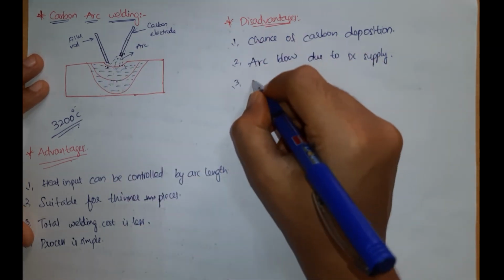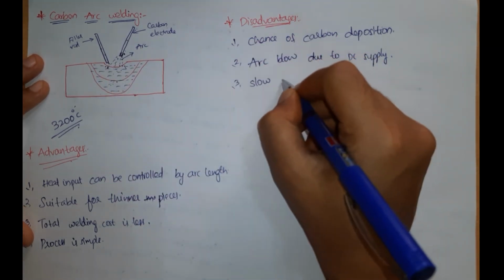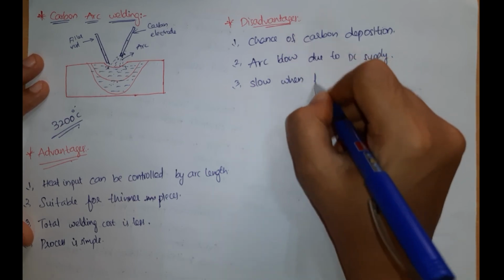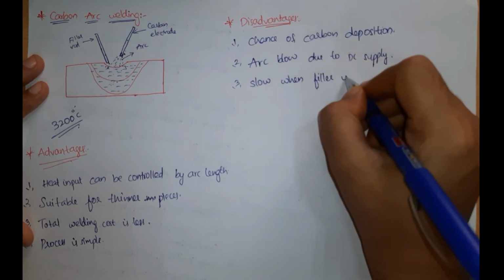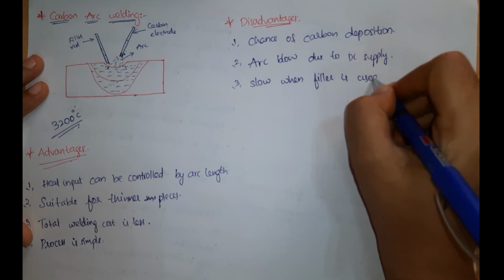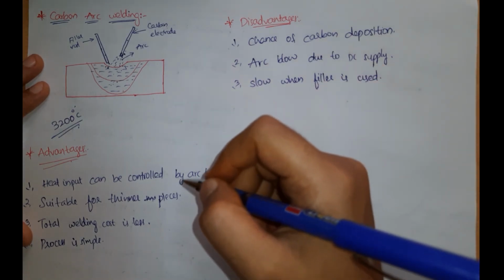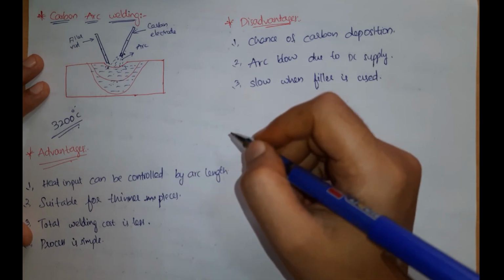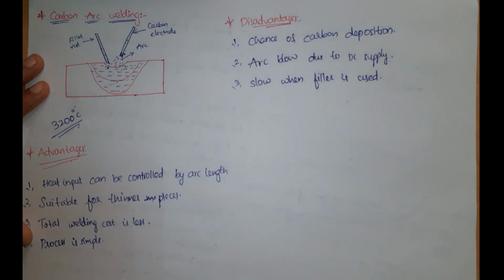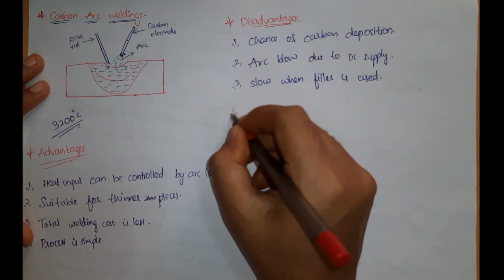So we can say the process is slow when filler is used. It takes more time for the weld to complete when a filler material is used, as it takes more time to melt the filler material. So these are the disadvantages of carbon arc welding.